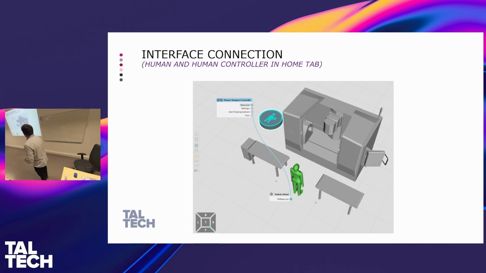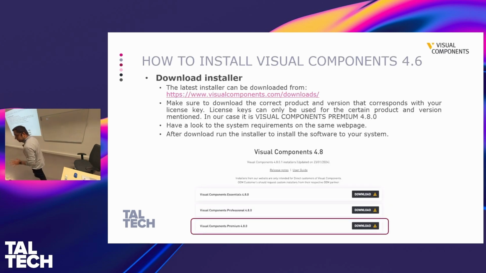But let's finish a couple more slides about the installation. As I said, there could be a possibility that we will have some temporary student license keys. If we have them, we will provide them to you. If not, you try your luck, register on their web page and ask them to give you one. How you can install it and where you can find it is also in the slides.